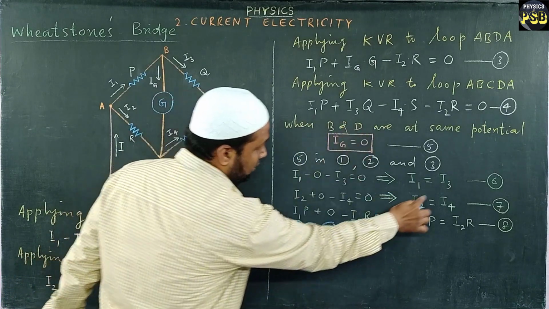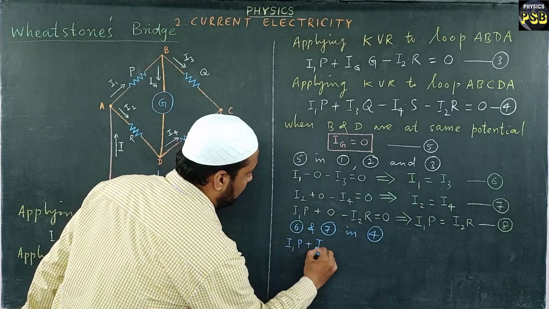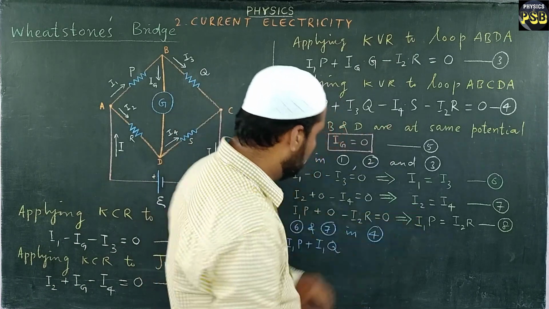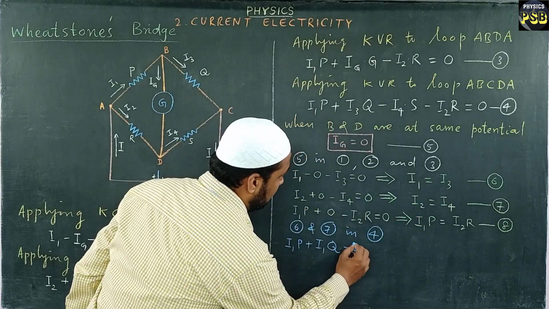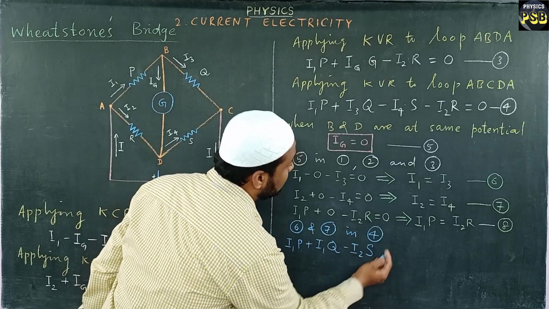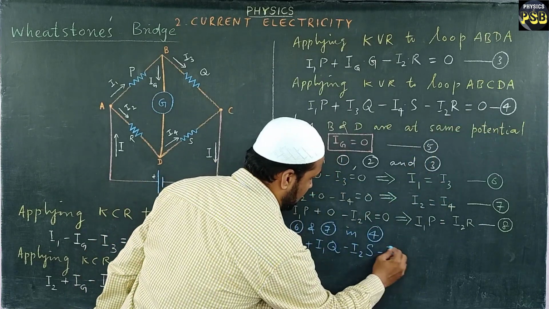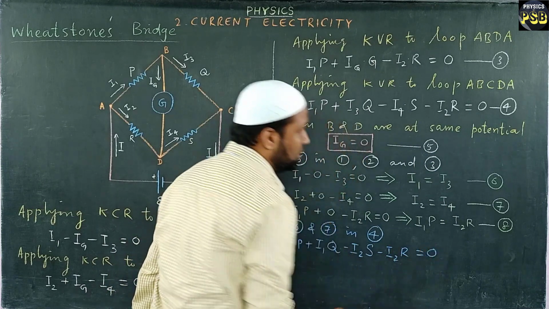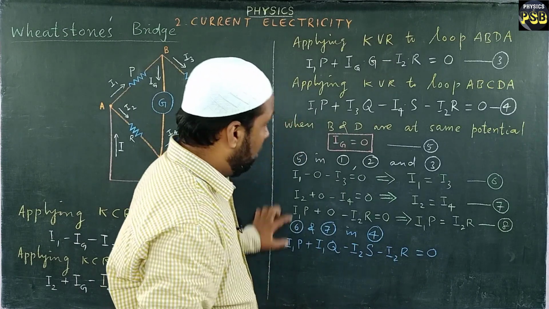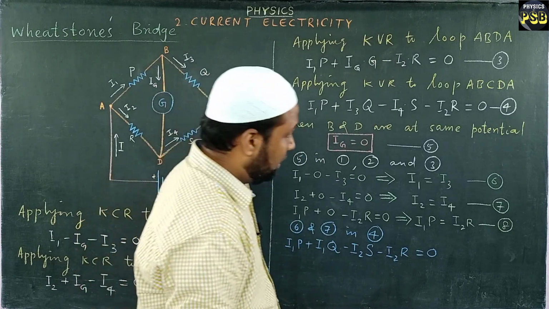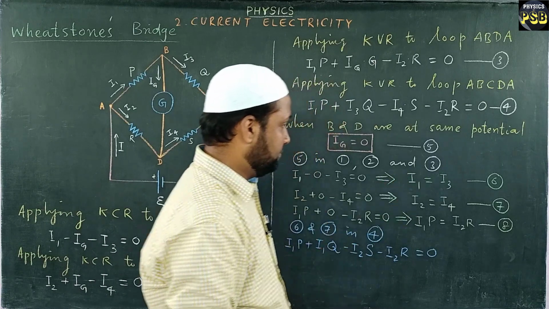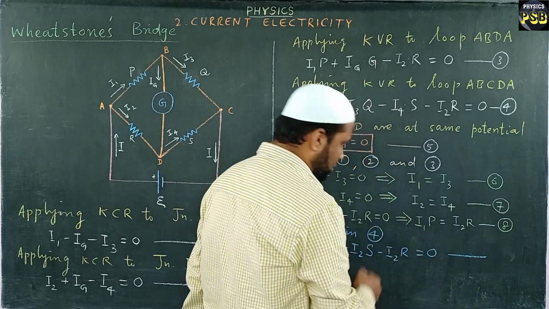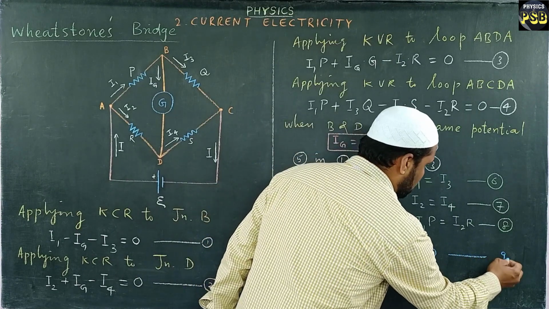In the place of I3, I'll write I1, so I1 Q, and in the place of I4, I'll write I2, so I2 S, and this term is kept as such, minus I2 R equals 0. This is a new form of equation number 4 obtained by substituting equations 6 and 7. I numbered this equation as equation number 9.